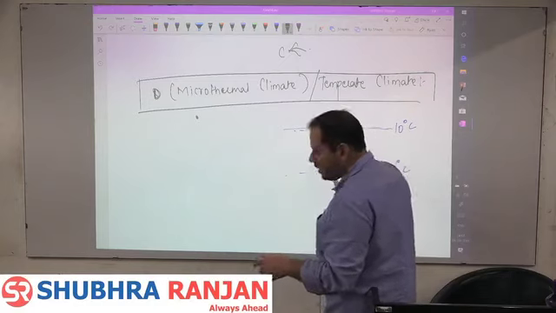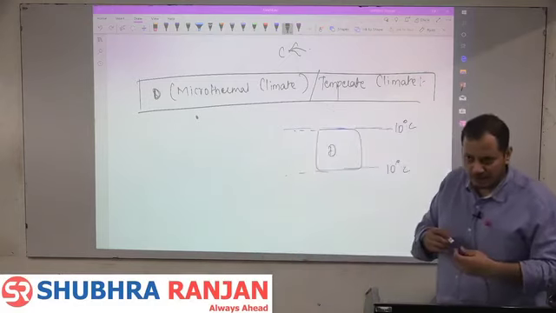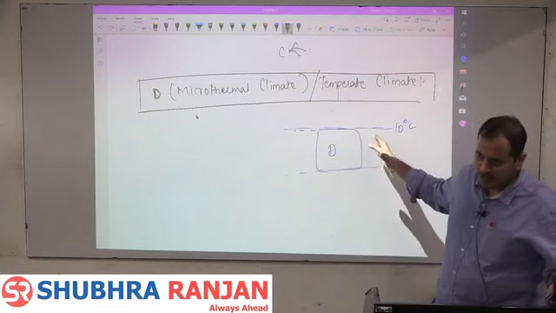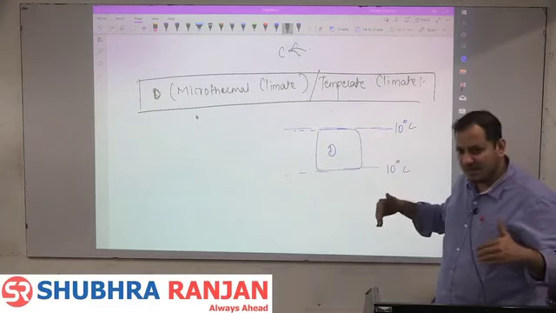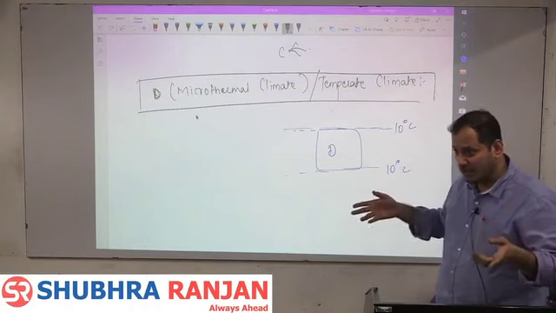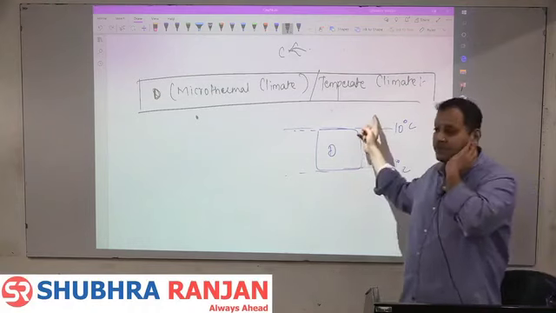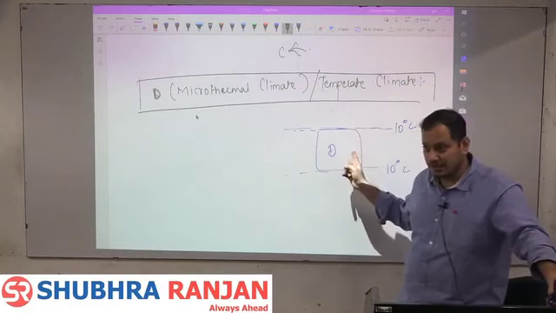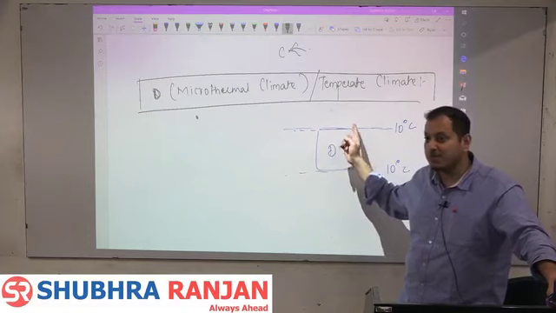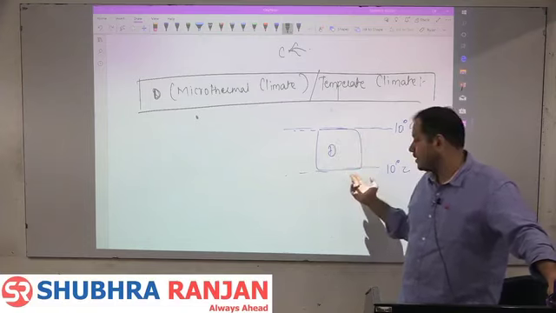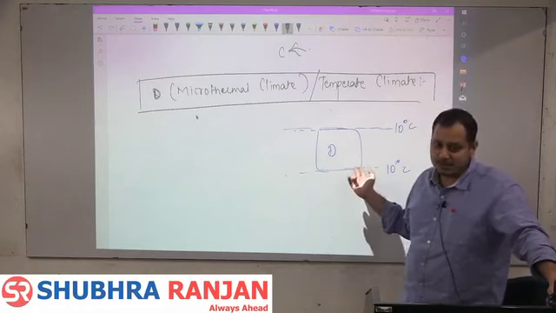So, all this climate which is located between the 10 degree Celsius का isotherm is what is known as a D type of climate. Summers में it does not become that, it becomes hot, and therefore polar regions में temperature is 10 degree Celsius. यहाँ पे temperature is 22-23 degree Celsius. So ये poleward boundary है. Winters में it becomes cold but does not become 0 degree Celsius. So equator में summers winters में 10 degree Celsius is the boundary here.